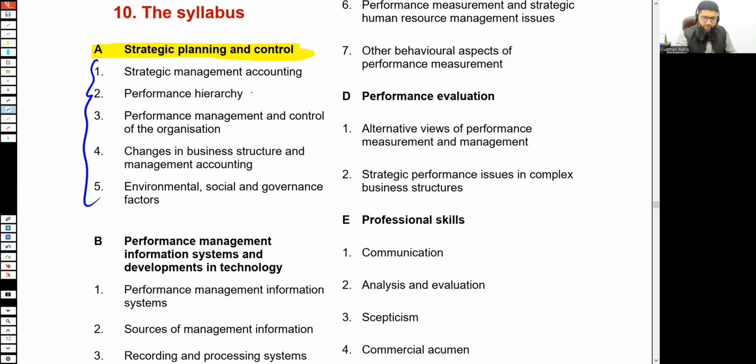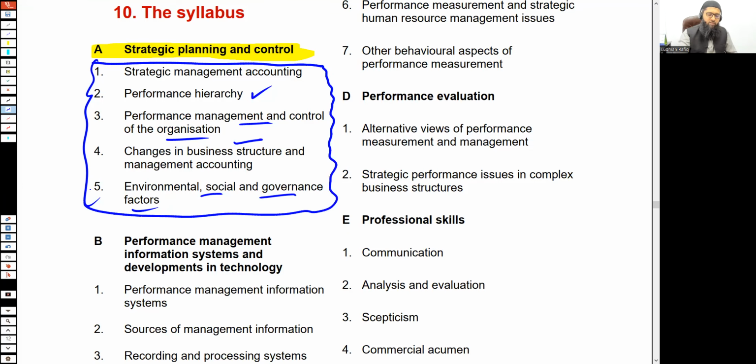Then you've got certain other things, which are performance hierarchy, performance management and control, changes in business structure, and environmental, social, governance factors. So basically, the first area of this APM, strategic planning and control, tells you how to plan strategically for the organization, and how that strategic planning ultimately has an impact upon the overall control that you exercise on the organization at different levels.